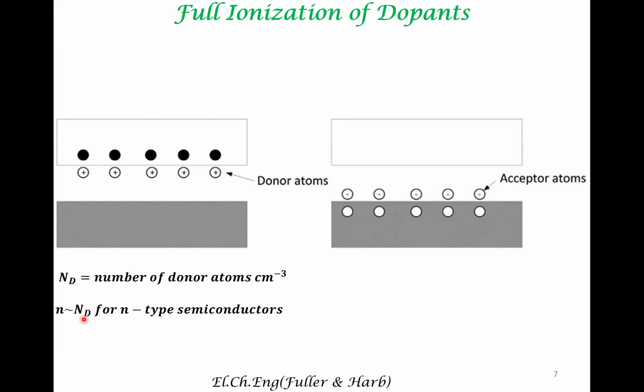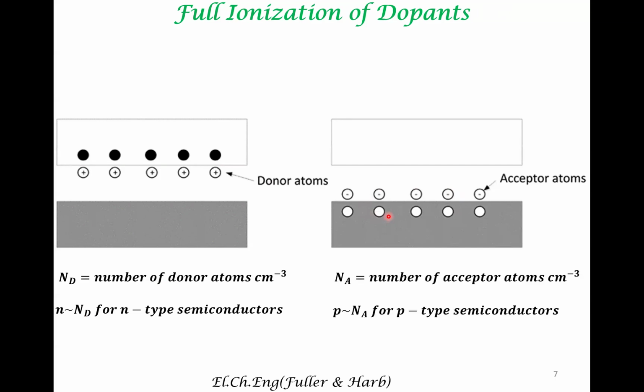Likewise, in a p-type semiconductor, if all the acceptor atoms have been thermally excited, that is, there has been excitation from the valence band to the electronic levels that are present in an acceptor dopant, leading to the full excitation of acceptor atoms.